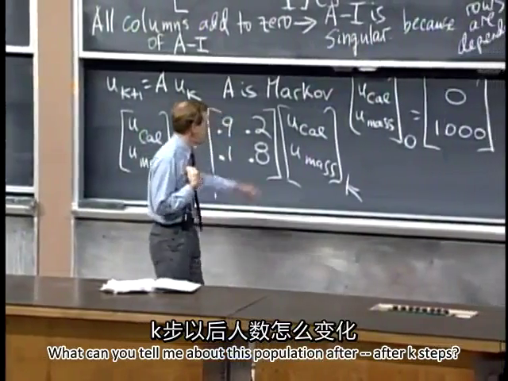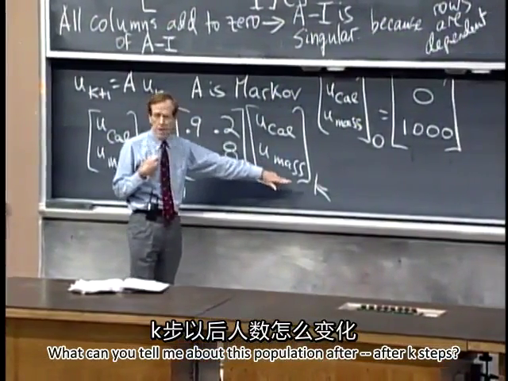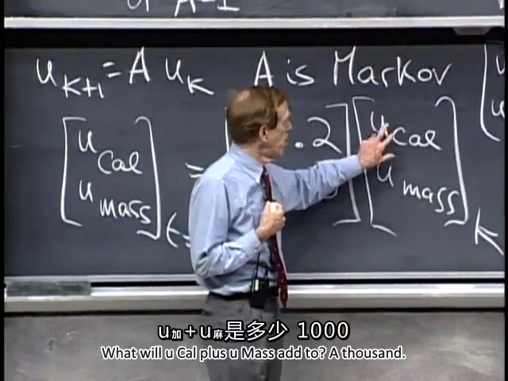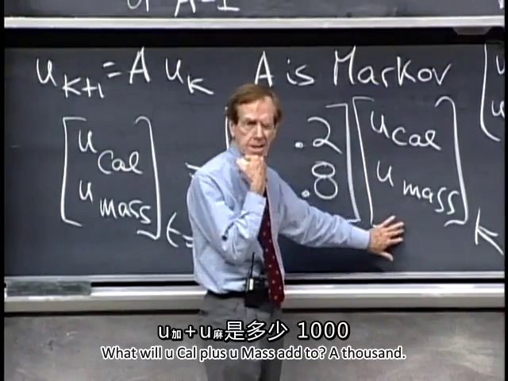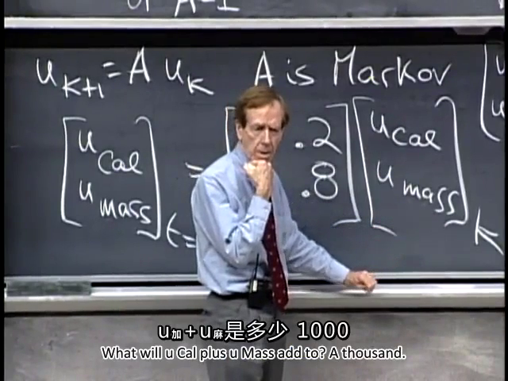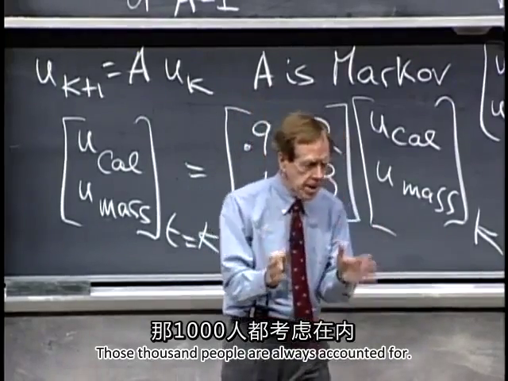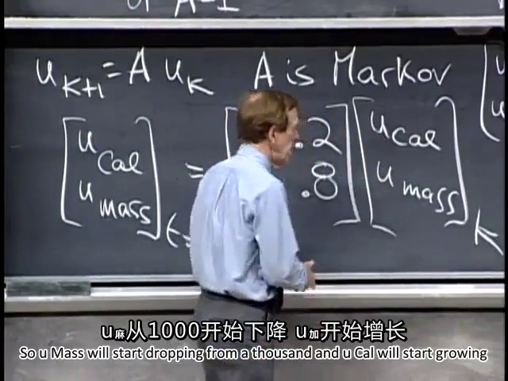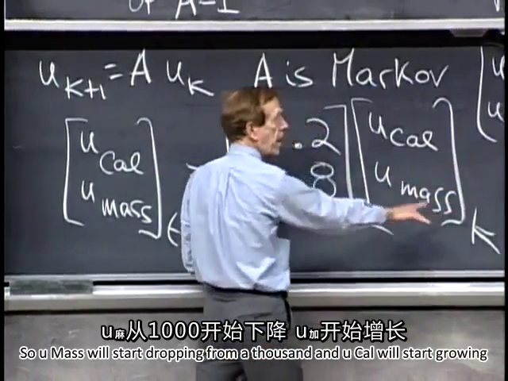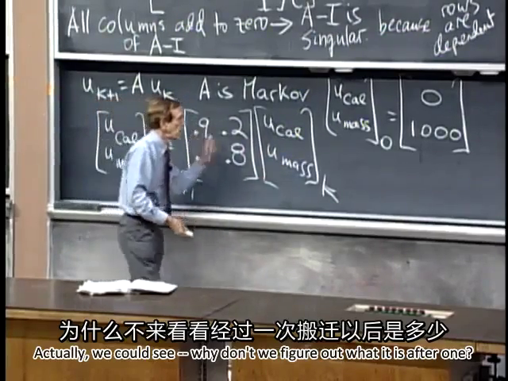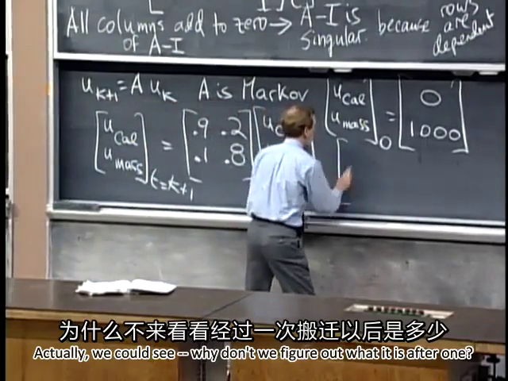What can you tell me about this population after k steps? What will U California plus U Massachusetts add to? 1,000. Those 1,000 people are always accounted for. But U Massachusetts will start dropping from 1,000. U California will start growing. Actually, why don't we figure out what it is after 1?